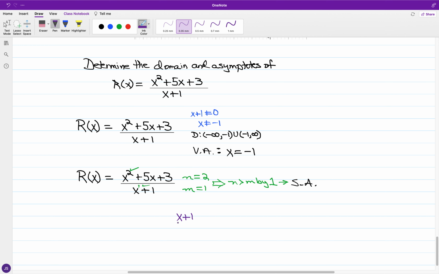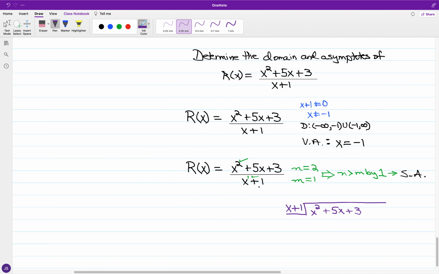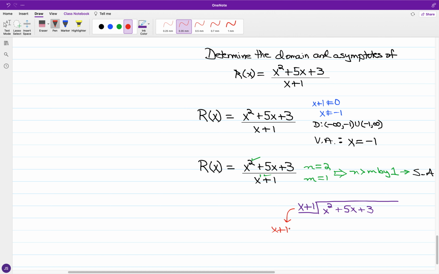Before, with the other slant asymptote examples, I had to determine it on the basis of long division, because the divisor consisted of an x squared term. But now the divisor is first order, so I can set this up in terms of synthetic division. x plus 1 is equal to 0, and we have x equal to negative 1.